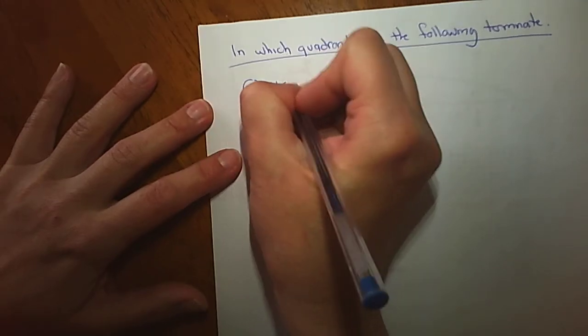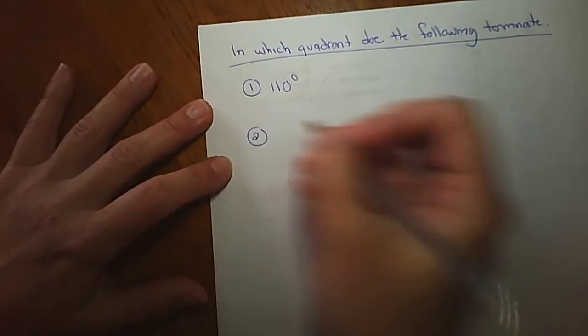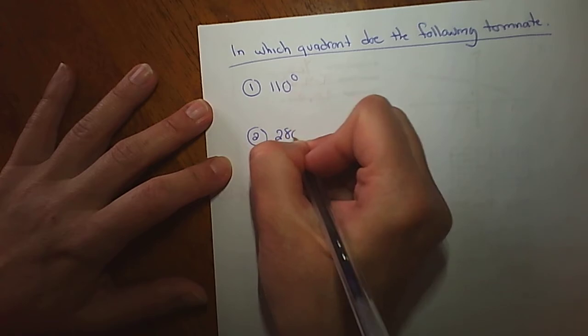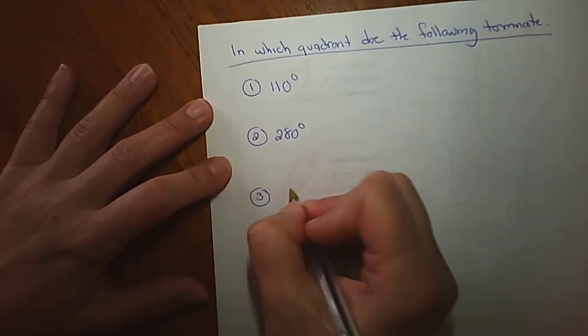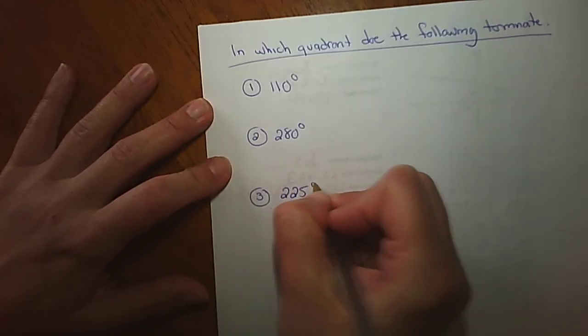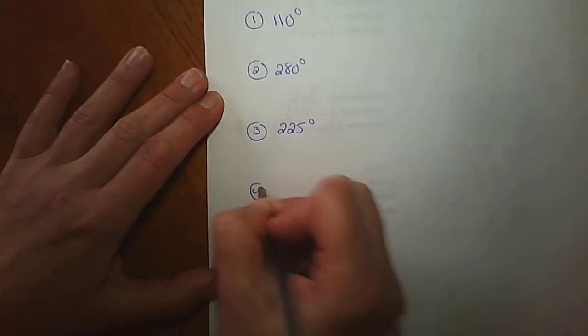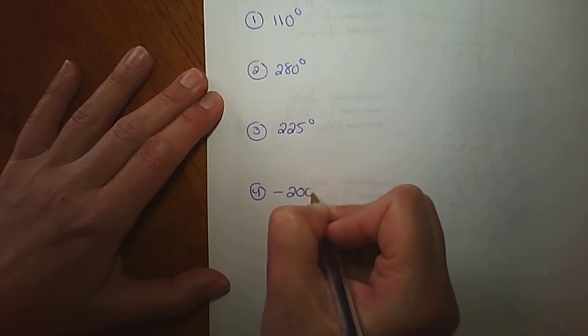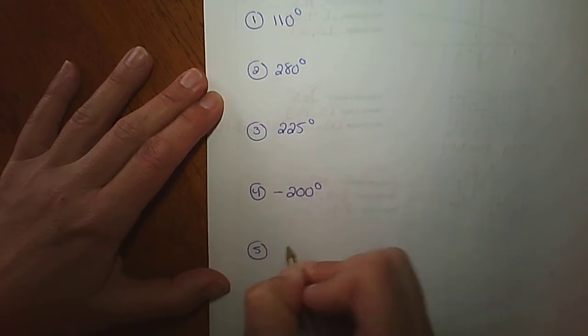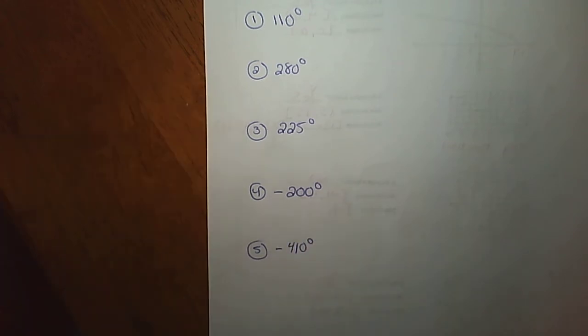Let's do 110. Let's do 280. We'll do 225. We'll do negative 200. And we'll do negative 410. So give those a try for me. So pause me. See if you can sketch those and figure out what quadrants they terminate in or end up, what quadrant numbers. Okay.